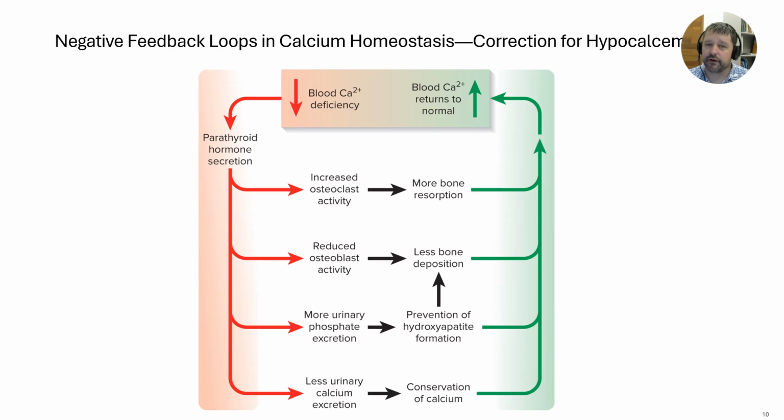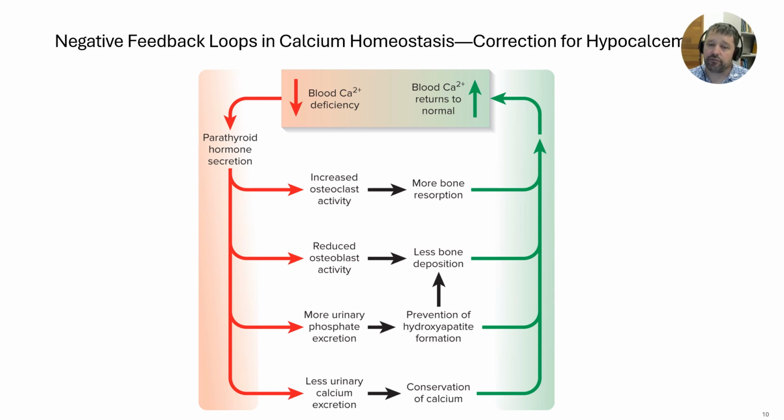So if your blood is deficient in calcium, the parathyroid hormone is secreted into the blood system. Okay? And again, one way that it can work is to increase the osteoclast activity. If you do that, more bone is being reabsorbed, so more calcium is going back into the blood. You could reduce your osteoblast activity, so less bone is being deposited, okay, so the calcium stays in the blood.